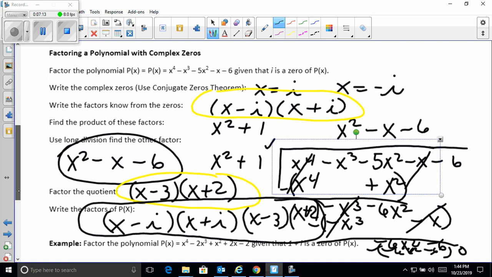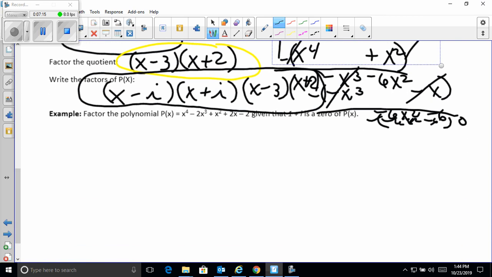All right, we're going to try another problem, a little more complicated. All right, so the second example, we're told that we have some complex zeros. And we're told x equals 1 plus i, which means we also know that we have x equals 1 minus i, because remember, they come in pairs.